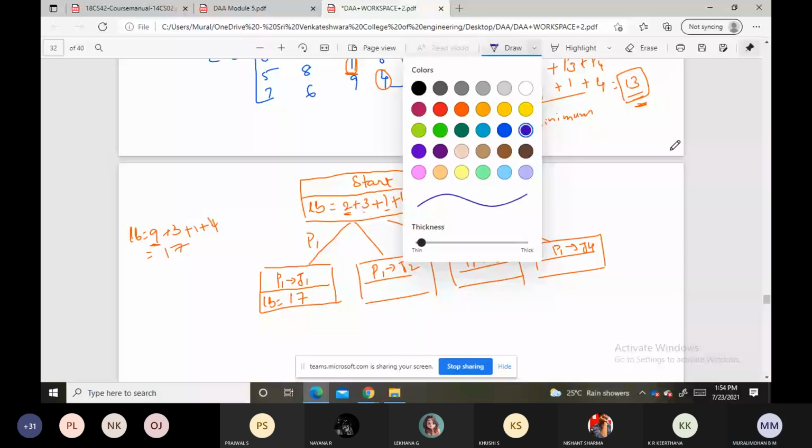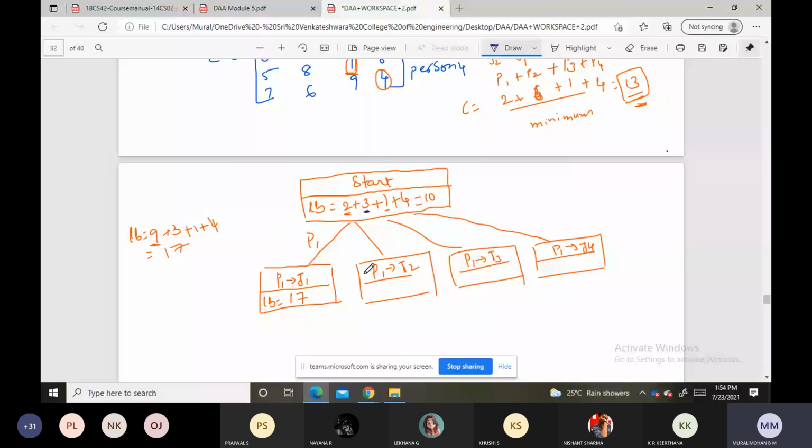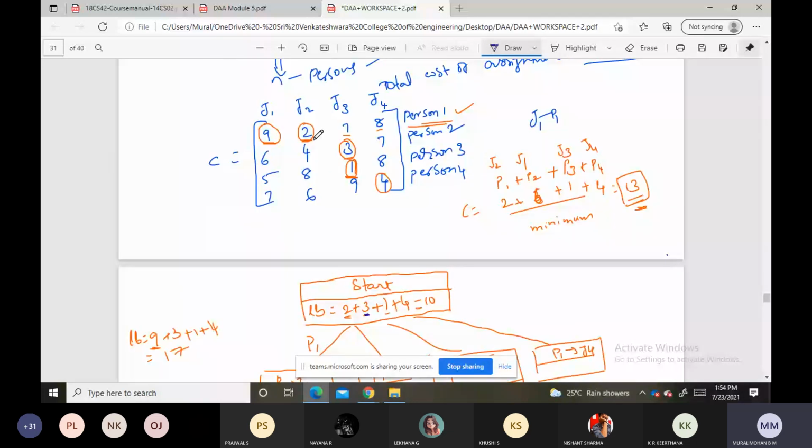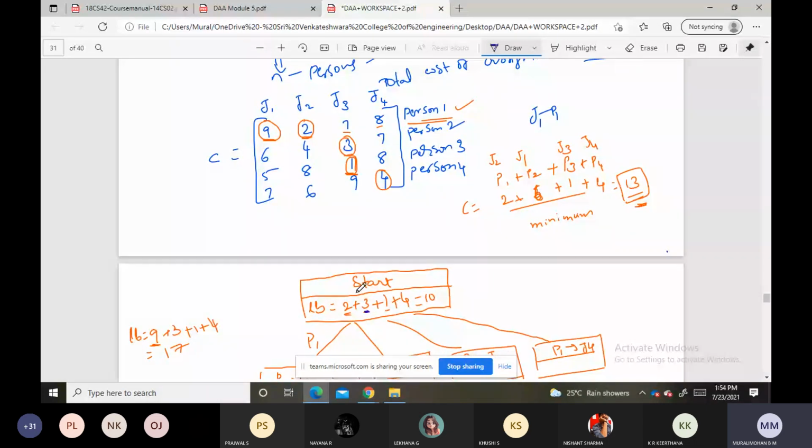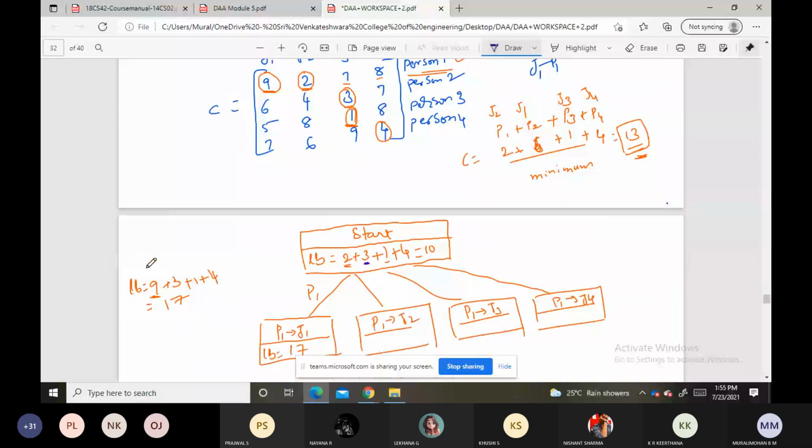If he is assigned job 2, the cost of assignment is 2, so it is 10.